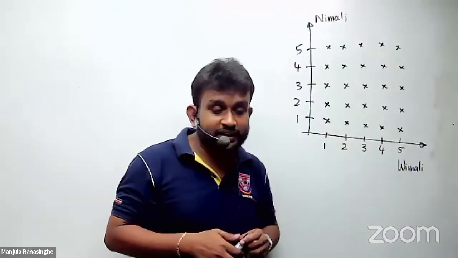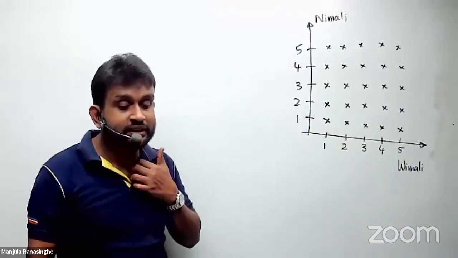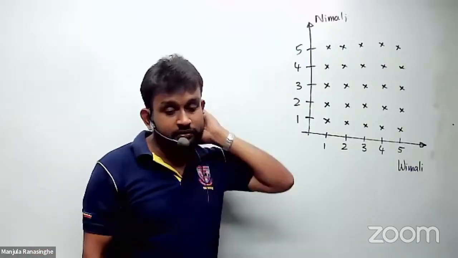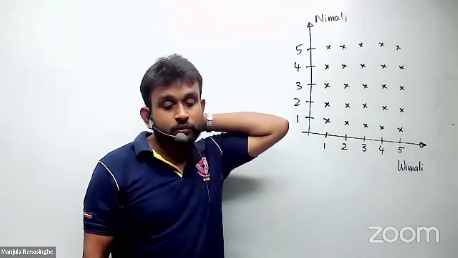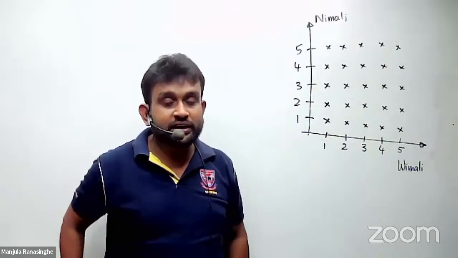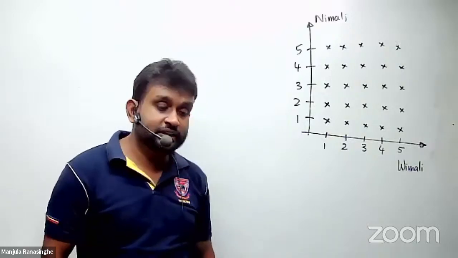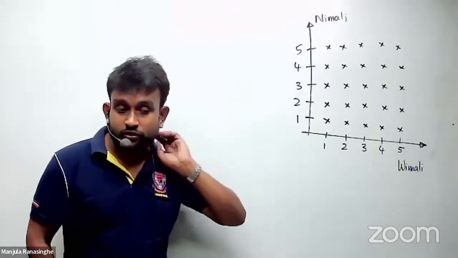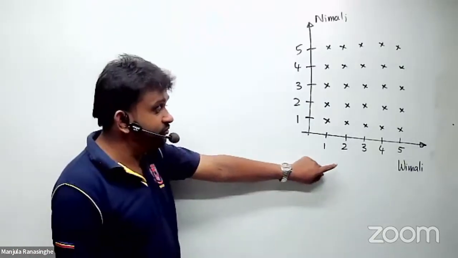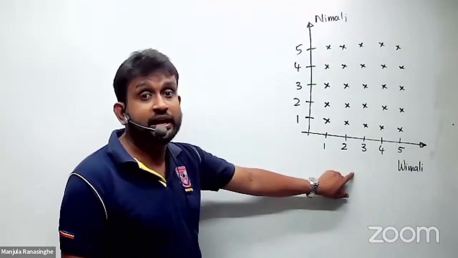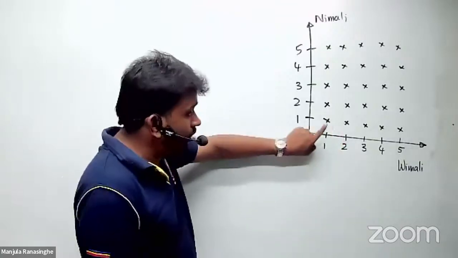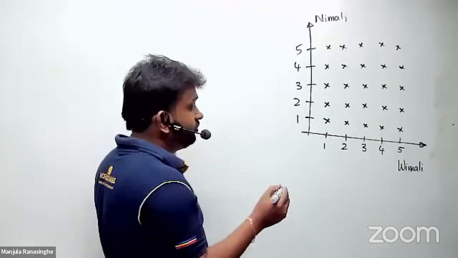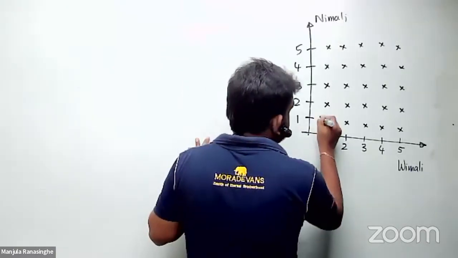If the rule for the winner is getting an odd number, denote the winning by both of them in the sample space and find the probability. If we imagine Vimali's win means Vimali has to take an odd number, I mark Vimali's win.